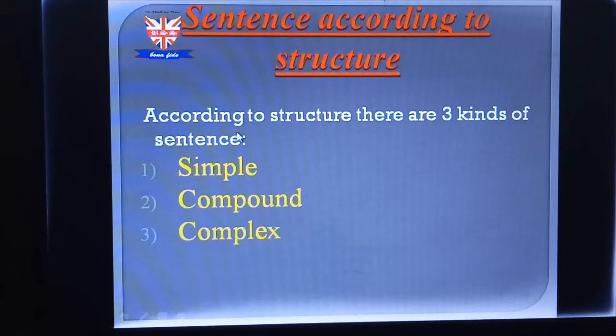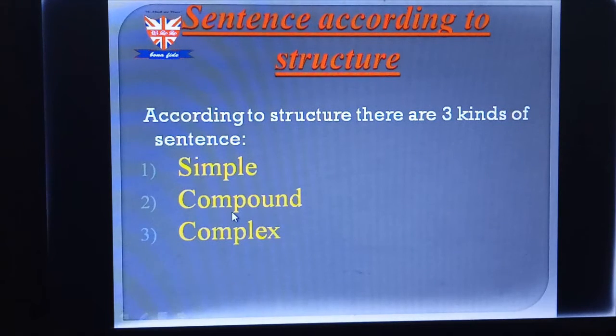If we are discussing the classification according to structure, there are three kinds of sentence: simple, compound, and complex. Usually we used to go for the simple first, then compound, and then complex.